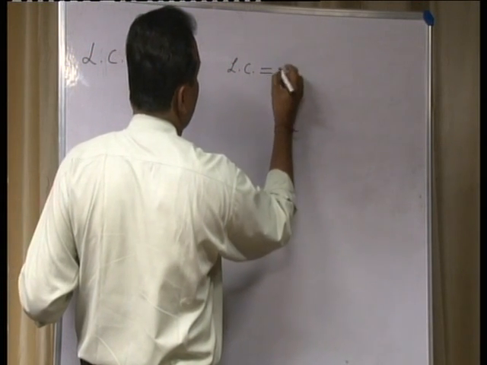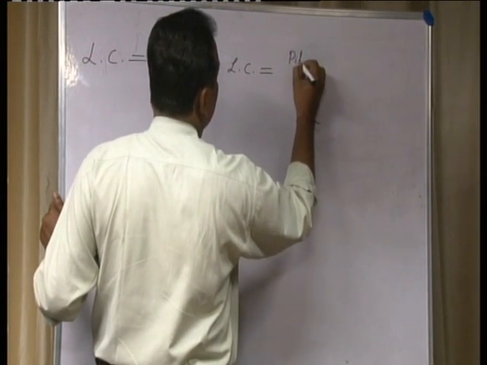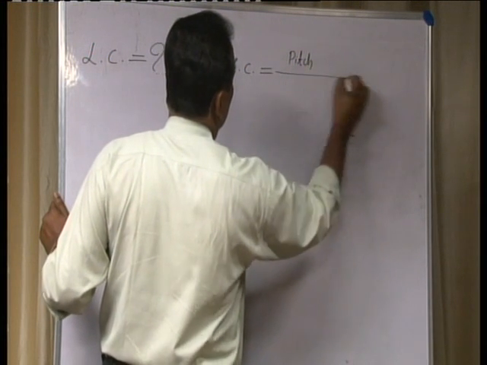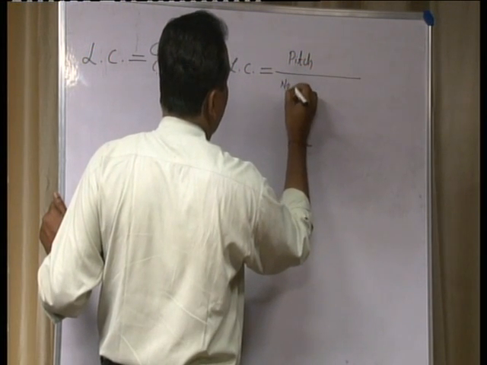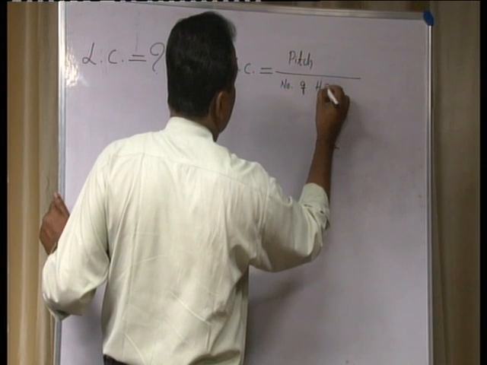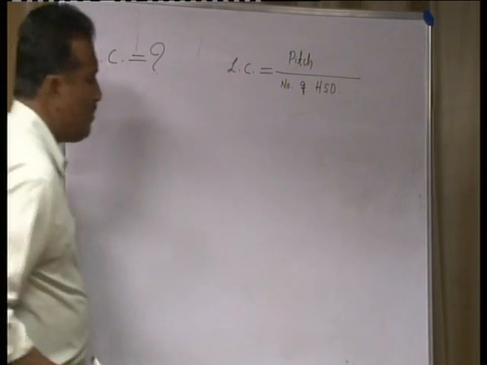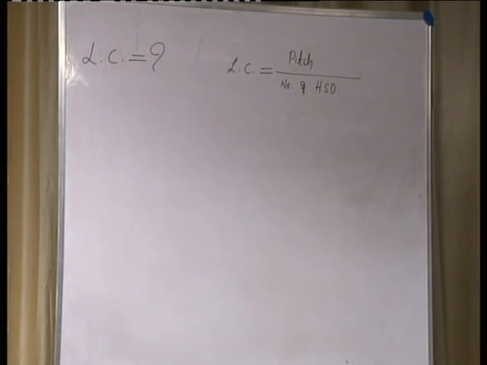Least count can be defined as the ratio of pitch to the number of head scale divisions, right? Number of head scale divisions is the denominator, pitch is in the numerator. It says that the sleeve of a screw gauge moves by 5 mm when we give 5 rotations.